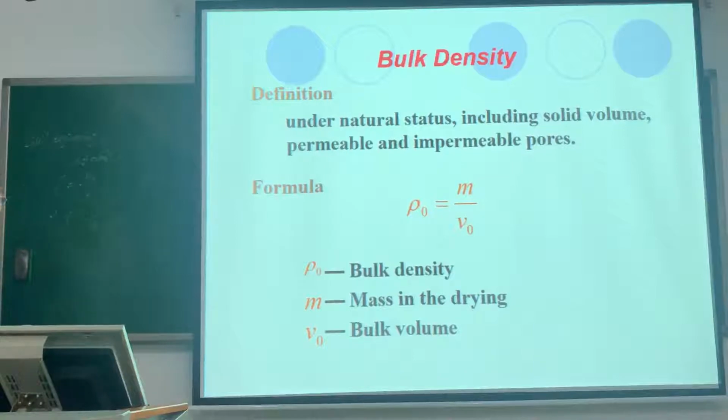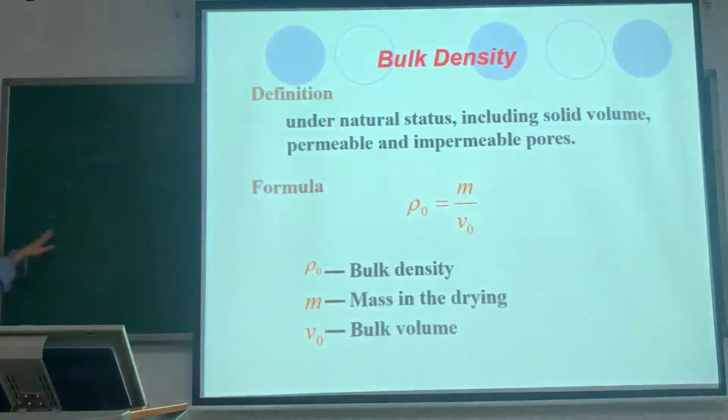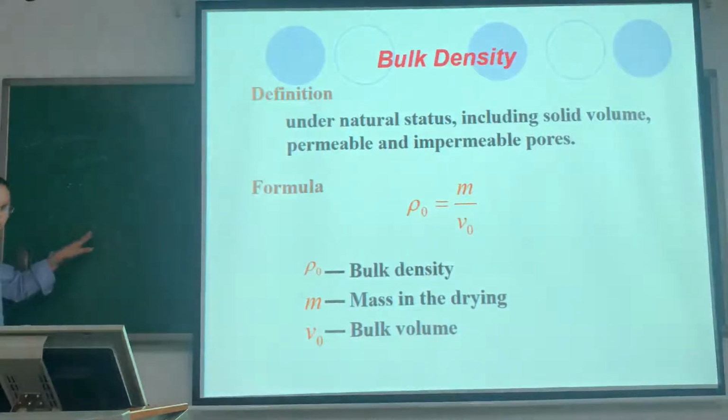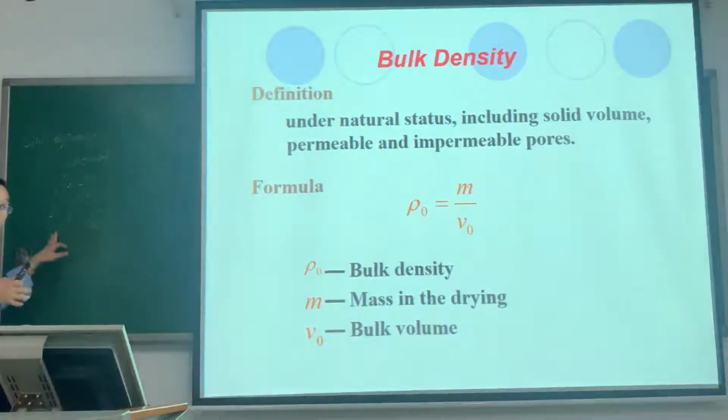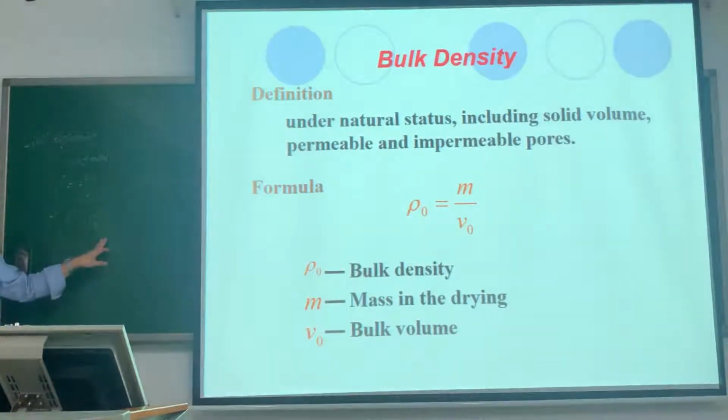For the same material, for example, I give you a rock. For the rock, it has these three kinds of density. What is my question? I want to know which one is the biggest. They are not the same, yeah?